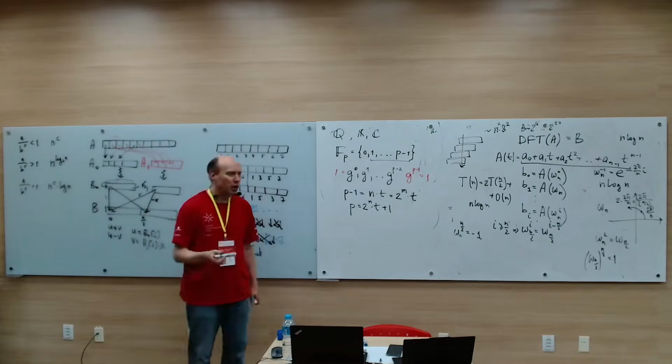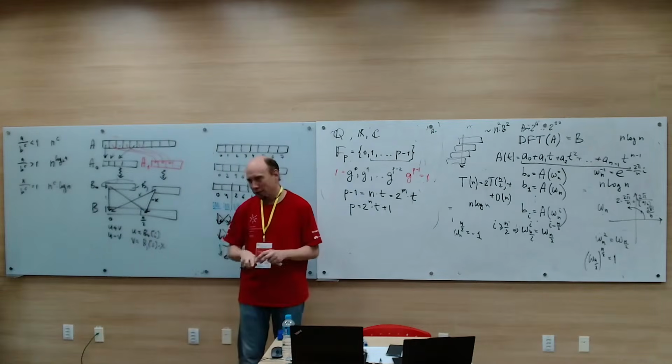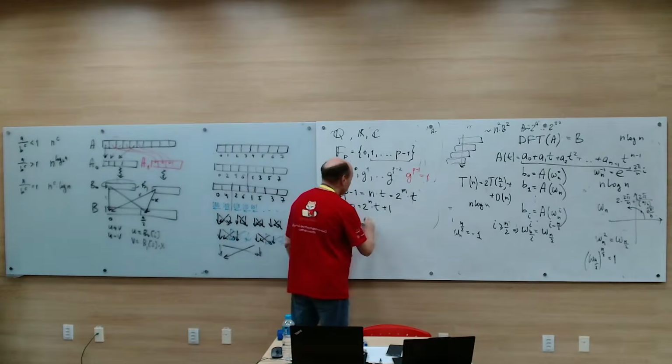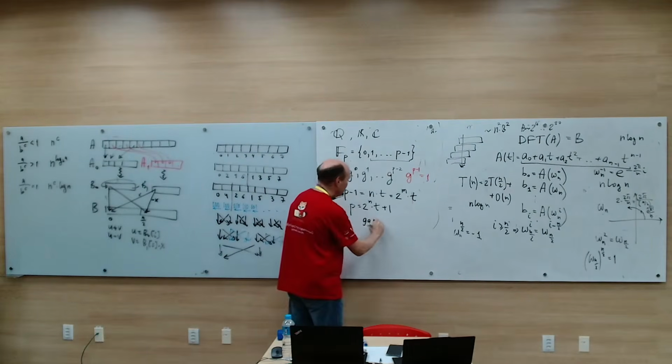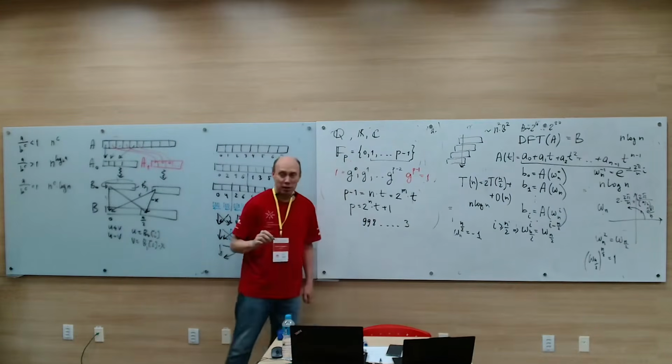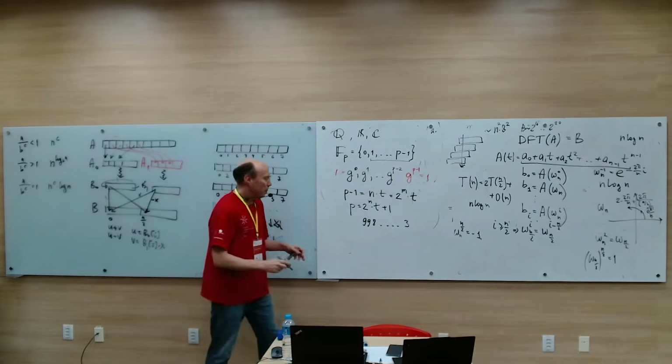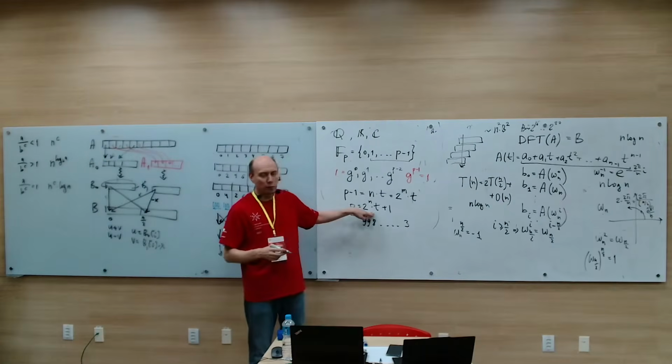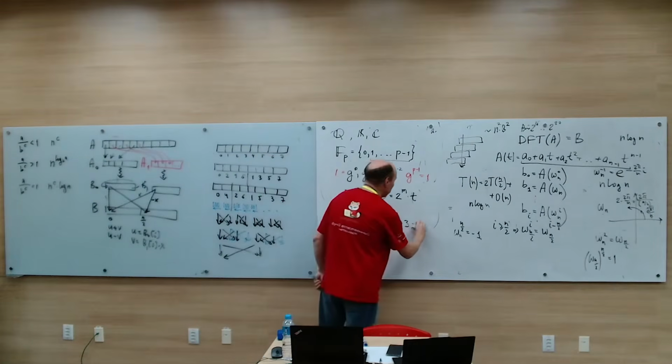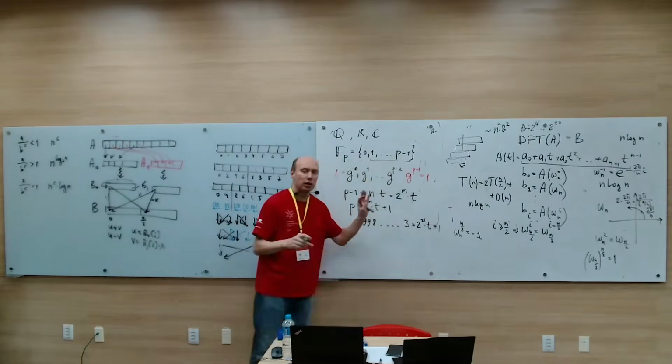I don't remember it exactly, but I am sure you have seen that: 998, something, 3 in the end. So this 9-digit number has this form. It's like 2 to the power of, I don't remember, maybe 21 or 22, times t plus 1, something like that.